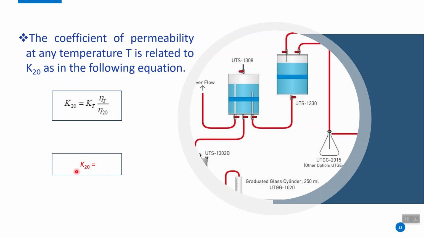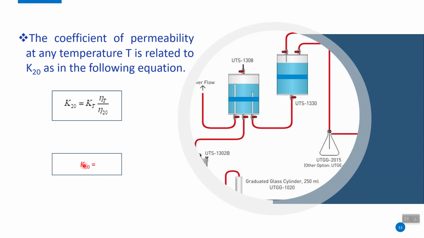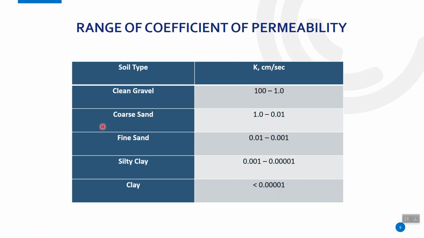And then you get K20, which is the coefficient of permeability of soil. Viscosity correction factor. Based on any temperature, the values of the viscosity correction factor are given in this table. Using this correction factor, you can get the K20 and then the coefficient of permeability.